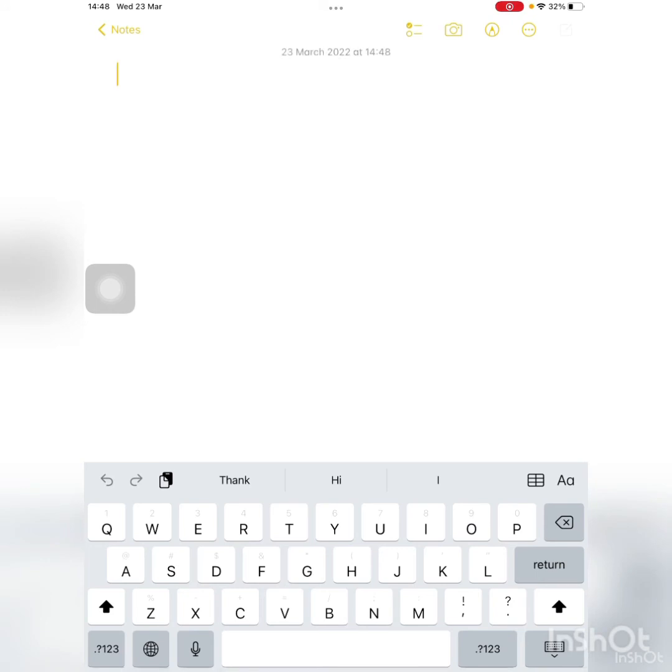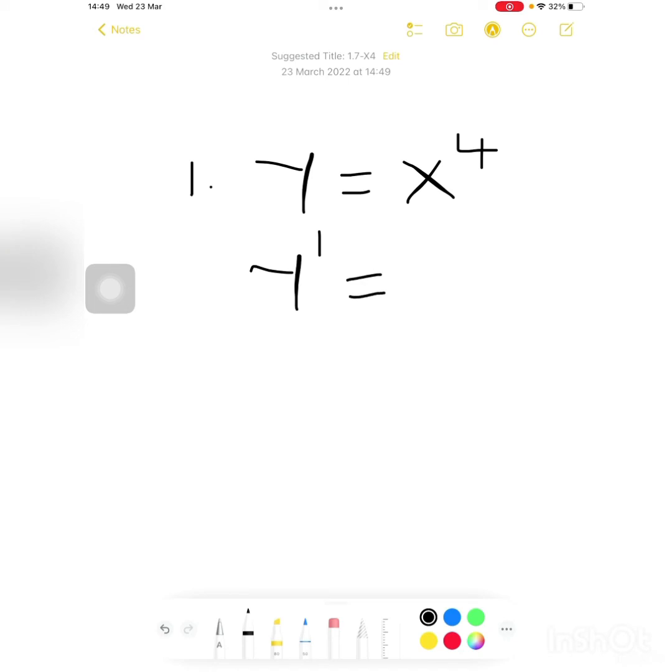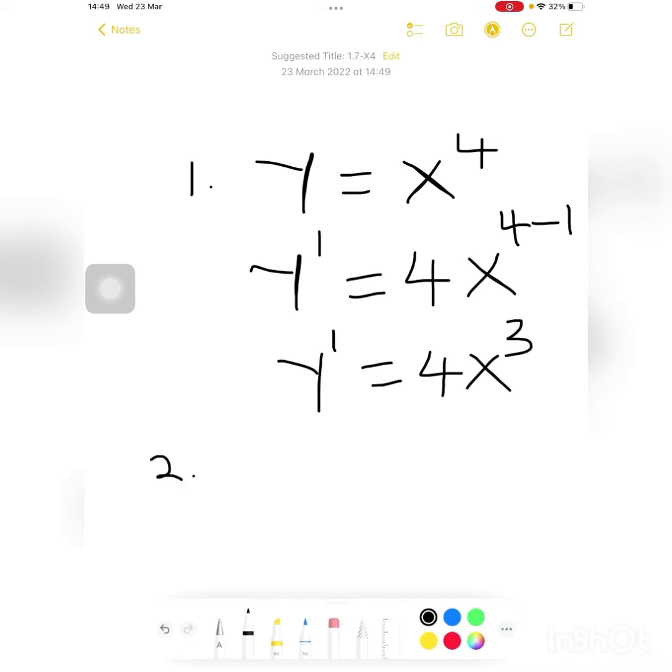Example number 1: y equals x^4. Following what I said, y prime equals, we bring the power down, then x, and subtract 1 from the power. So y prime is 4x cubed. Example number 2: y equals 4x cubed plus 2x squared.